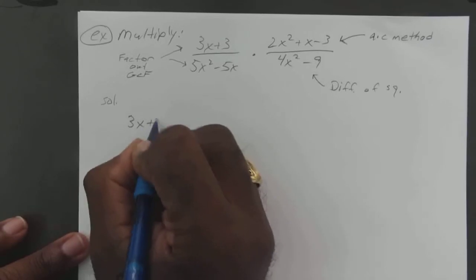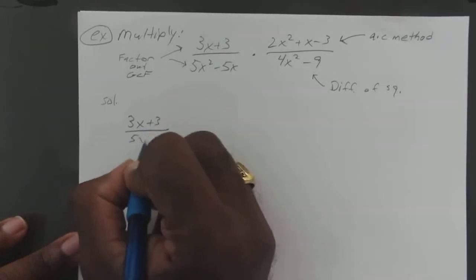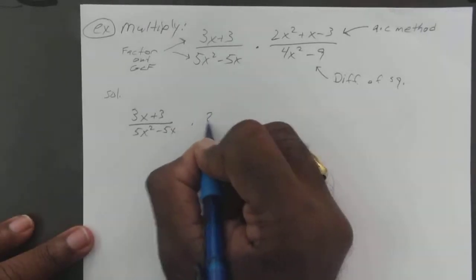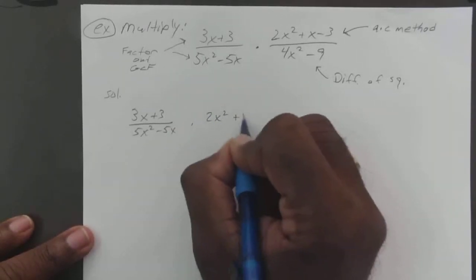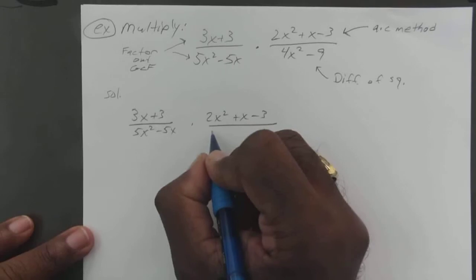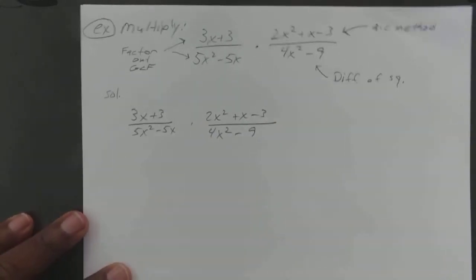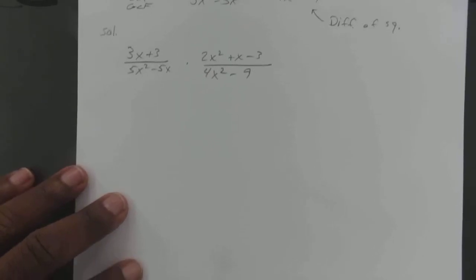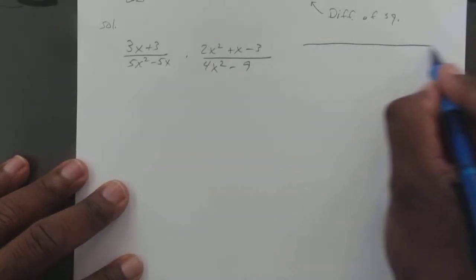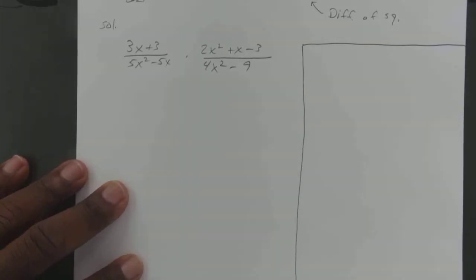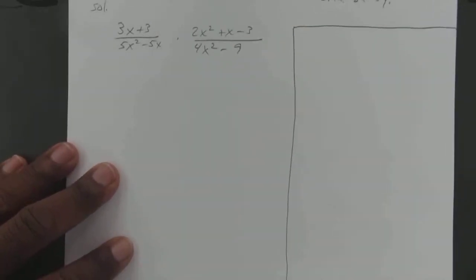Okay, so if you have 3x plus 3 or 5x squared minus 5x times 2x squared plus x minus 3 over 4x squared minus 9. Okay, what I'm going to do is work each of them out individually on the side.